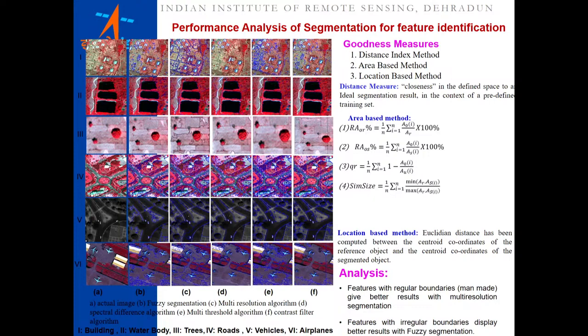Irregular boundaries will usually occur in natural objects like forest boundaries or soil boundaries, whereas agriculture field boundaries, roads, buildings, etc. will be man-made. For those, multi-resolution segmentation is most likely to give better results, whereas if we focus on natural entities or natural objects, then fuzzy segmentation would be a better option to follow.